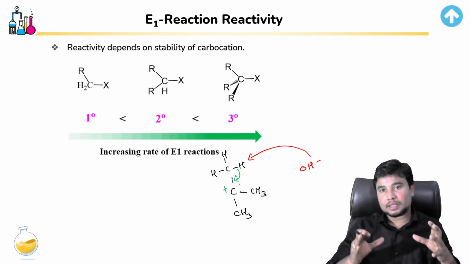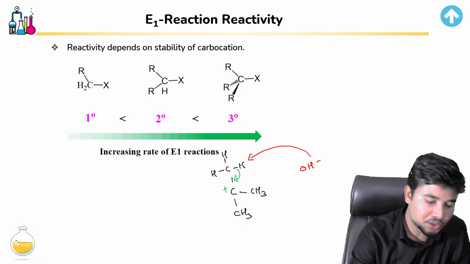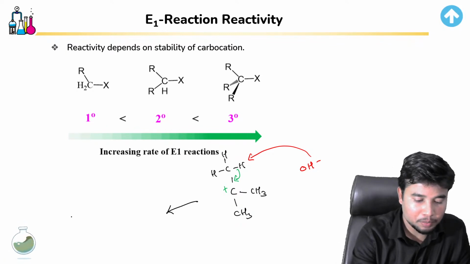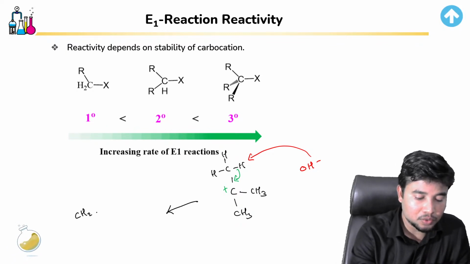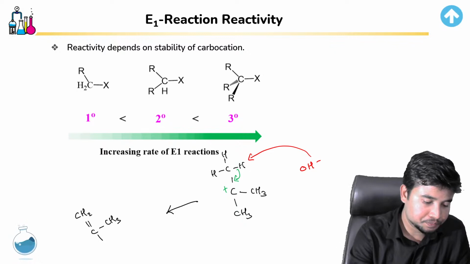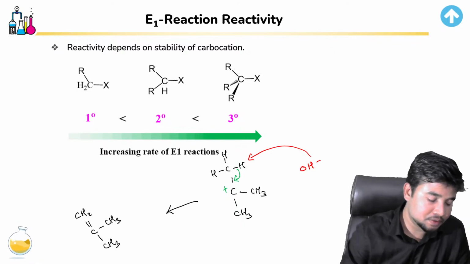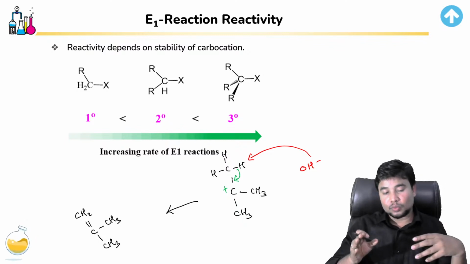So that is the catch, children, that you need to understand: the E1 reaction is very dominantly present if there is a tertiary group. It would result in the double bond formation over here, resulting in this compound. I hope you've got the idea of how it works out.